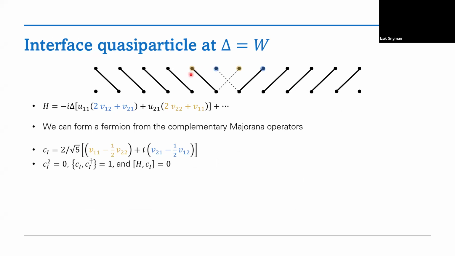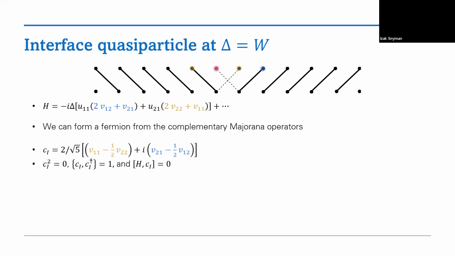So here is the picture with delta equals W on one side, and the other side is delta minus W. These dashed lines here in the middle are the two tunneling amplitudes from right to left and left to right. These big lines are the other couplings.